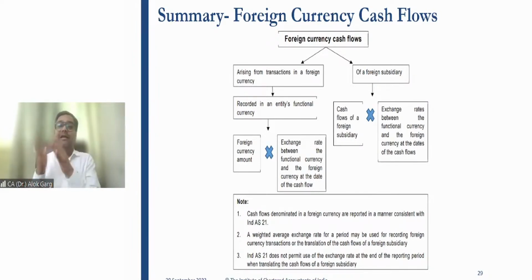You need to convert those cash flow statements at the weighted average rate of that foreign currency into the Indian currency. Is that right? Is that clear, friends? Understood.